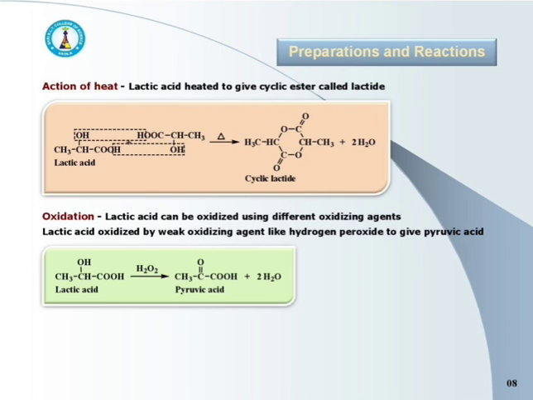When heated, two molecules of lactic acid undergo cyclization with elimination of two water molecules to form cyclic lactide, a cyclic ester. This is the cyclization of the lactic acid so as to form the cyclic lactide.